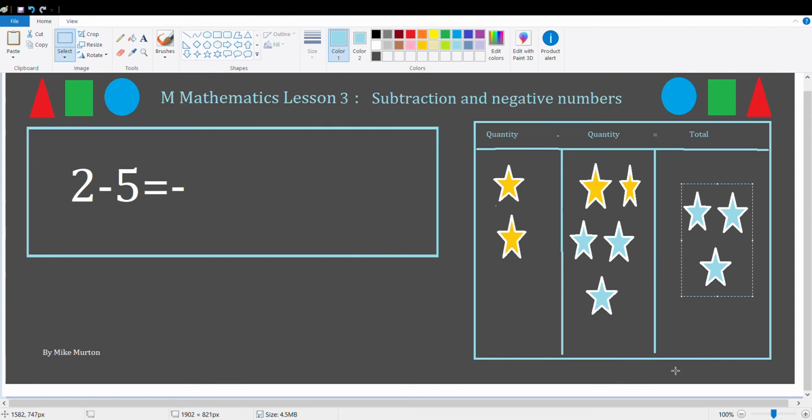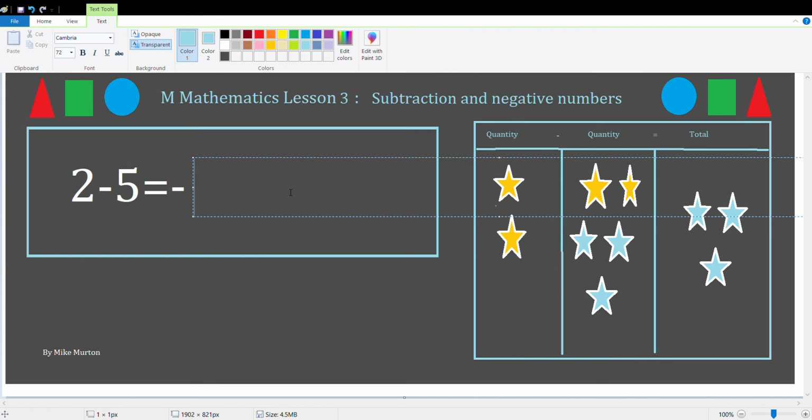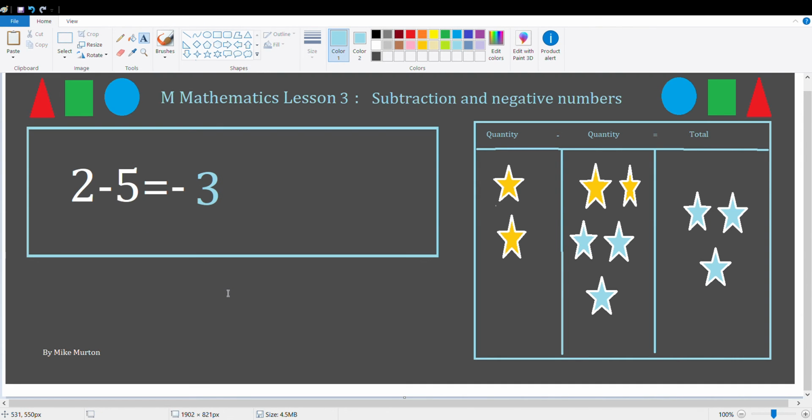And as we talked about before, the blue stars represent negative numbers. So this is 1, 2, 3. So the answer to 2 minus 5 is negative 3. 2 minus 5 is negative 3. And to represent a negative, we put a minus sign. That's all I got for subtraction of negative numbers.